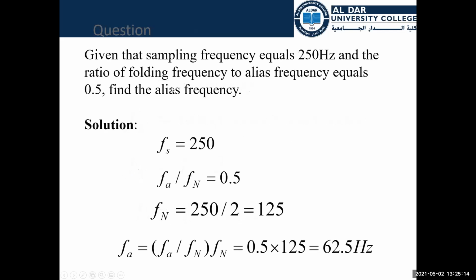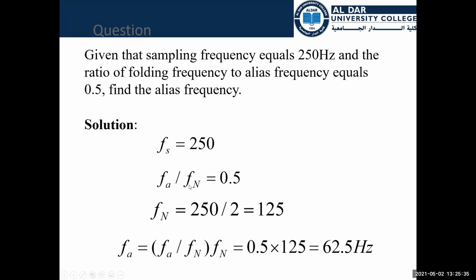And we have a numerical example for it. If the sampling frequency is 250, we expect to have an alias frequency, but we don't know exactly its value. We can calculate it.